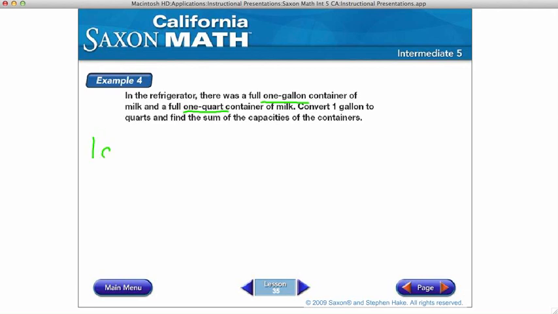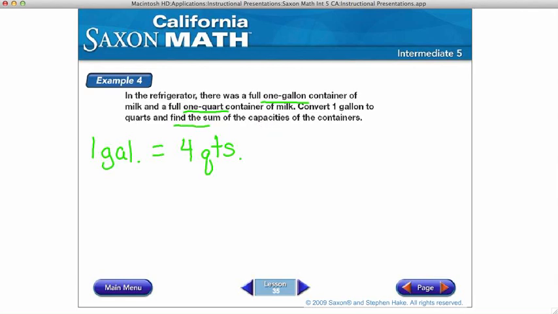Well, I know that 1 gallon equals 4 quarts. And that's not the right abbreviation for gallon. There we go. 1 gallon equals 4 quarts. So here I've done my conversion. Find the sum of the capacities.